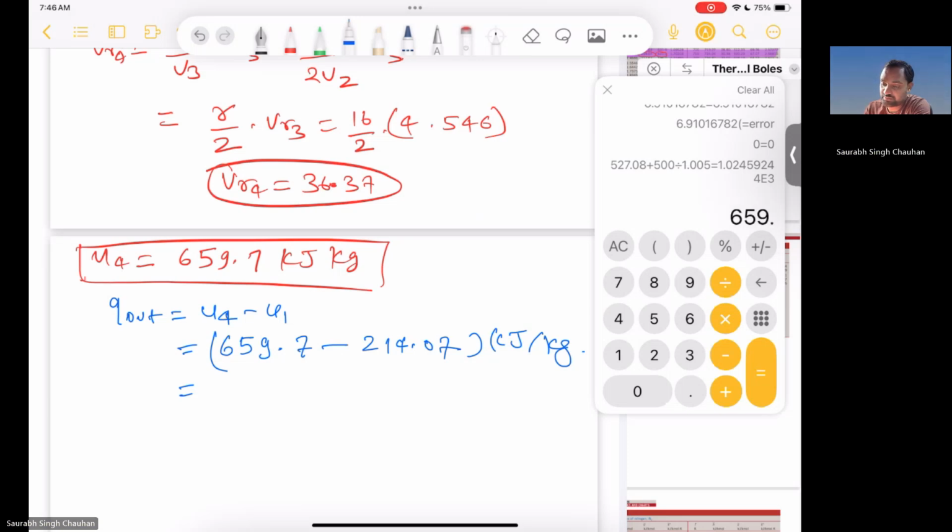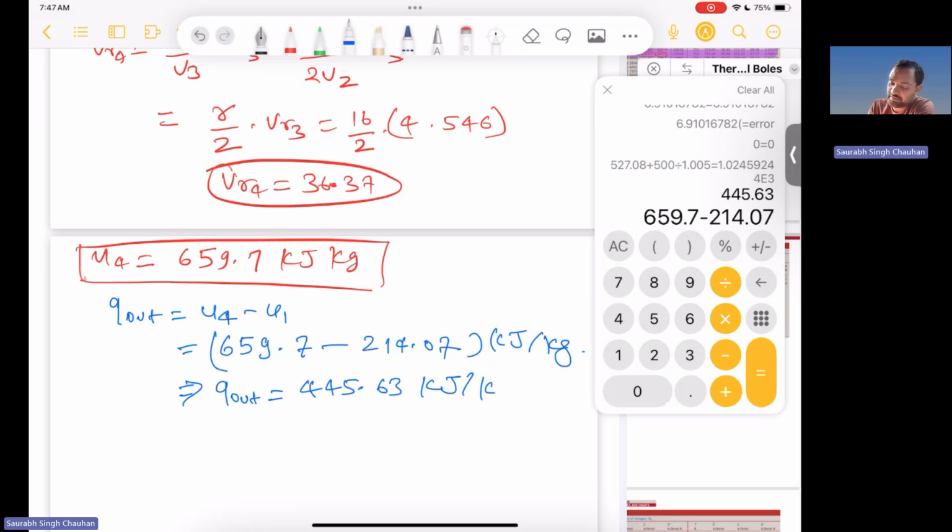Okay, so Q out is coming out to be 445.63 kilojoule per kg. Okay, so Q out is 444.63 kilojoule per kg.